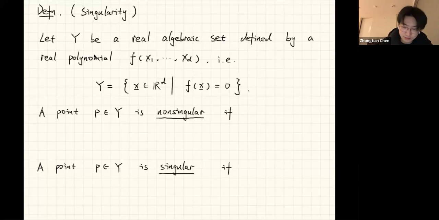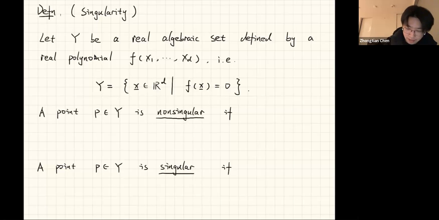Now, we also see which kind of point is special in an algebraic set. Then we can start to define what's called a singularity. So we let Y be a real algebraic set defined by a polynomial F. By definition, it's a set of points where you plug into F, the output will be 0.